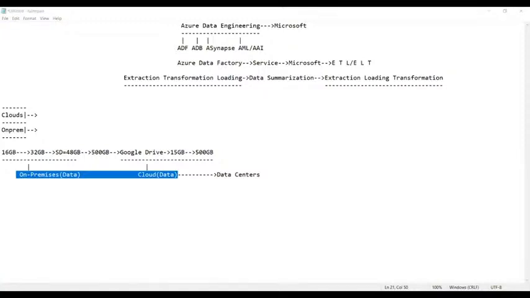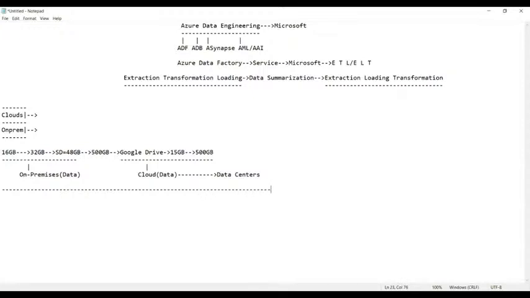Obviously by Google. So we can say the service provider is Google. Now, the following are the providers available in the market who are offering cloud services.